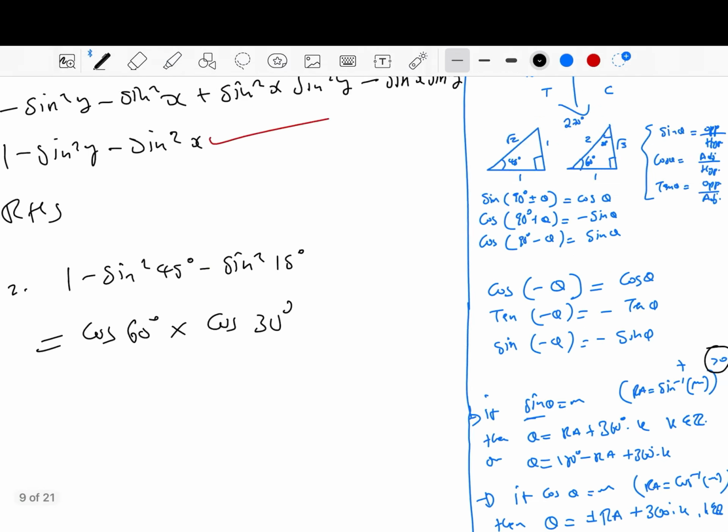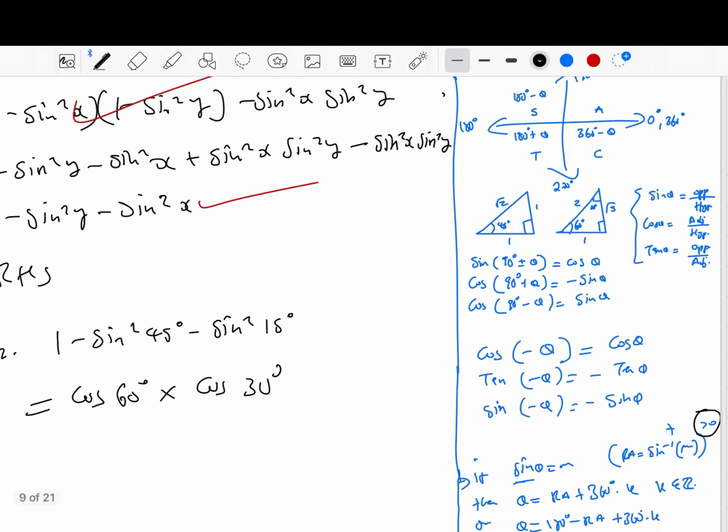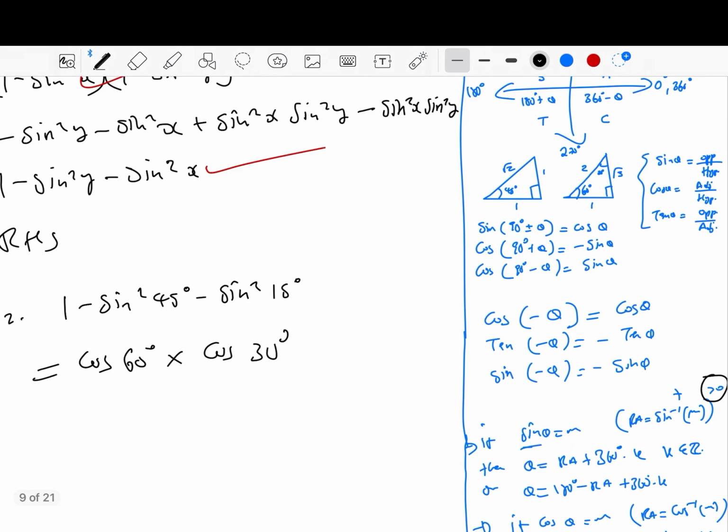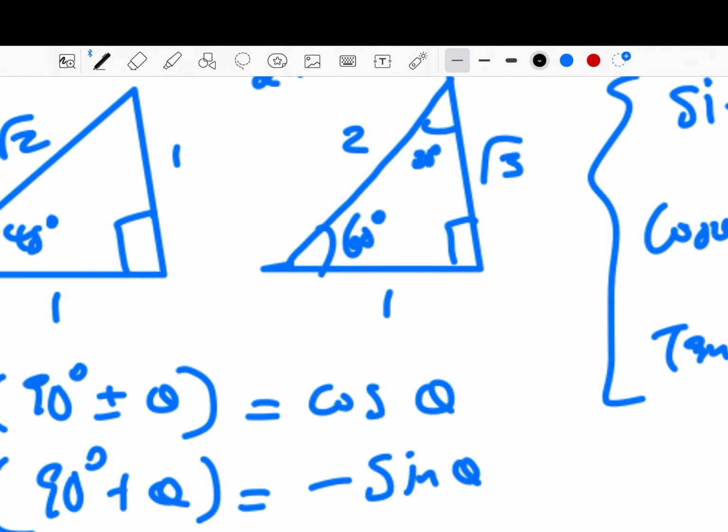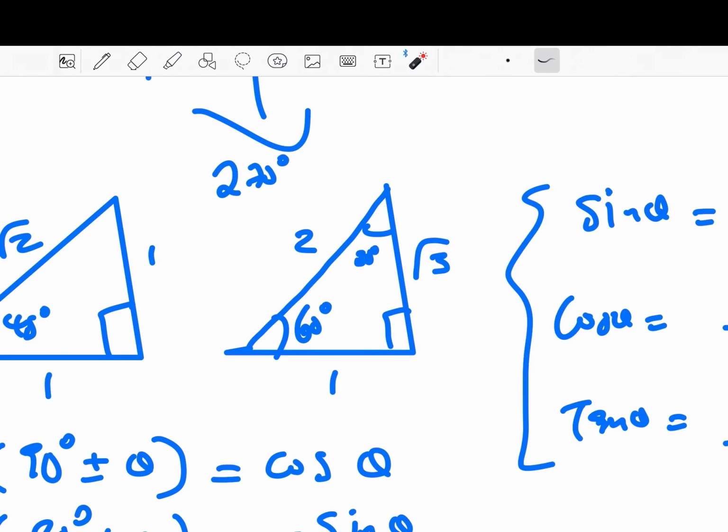And on our cheat sheet, we know how to calculate cos 60 and 30. Cos is adjacent over hypotenuse. If you're looking at 60, the adjacent side is this one, the hypotenuse is this one. If you're looking at 30, the adjacent side of 30 is this, and the hypotenuse of 30 is this.